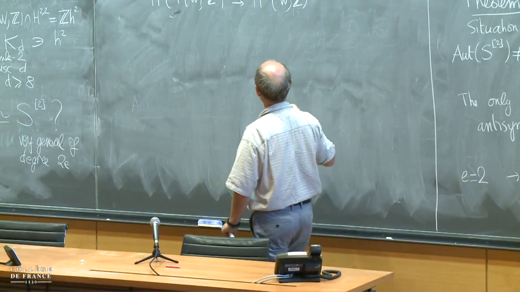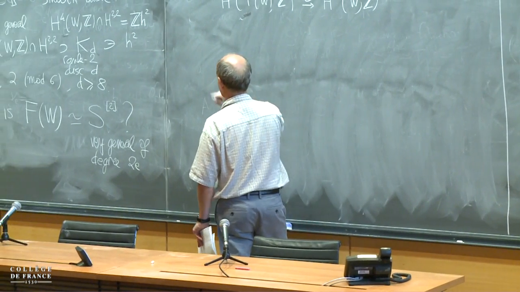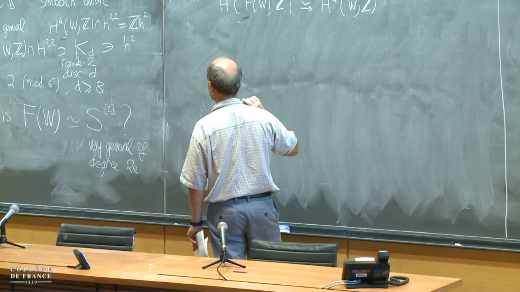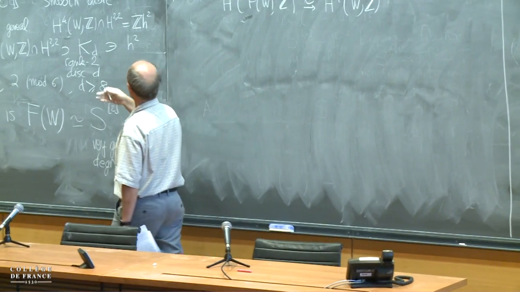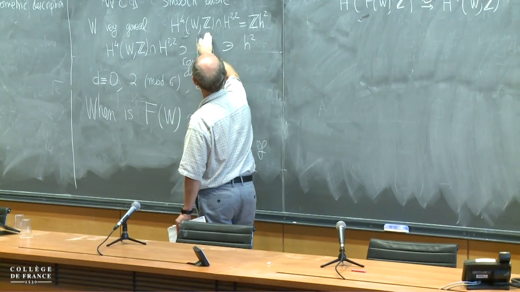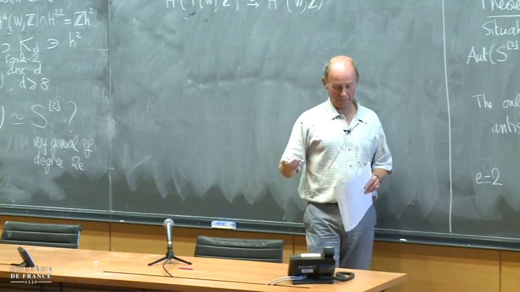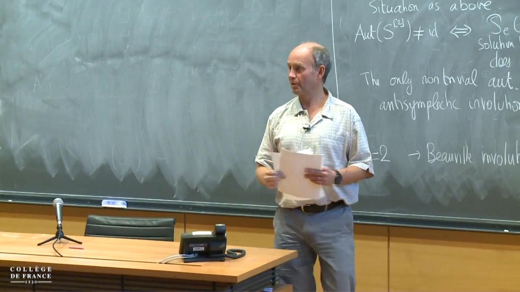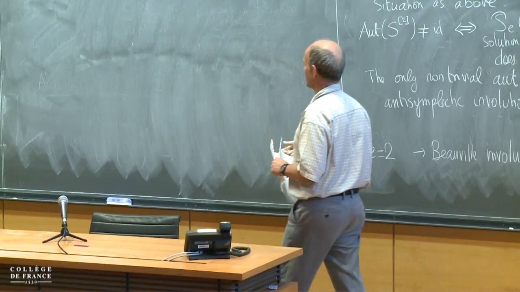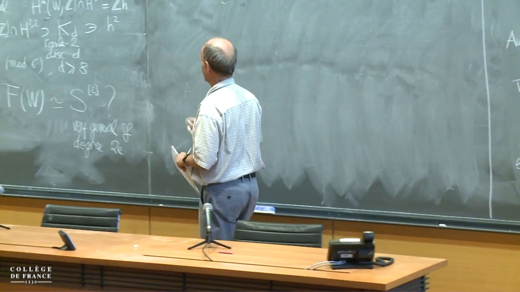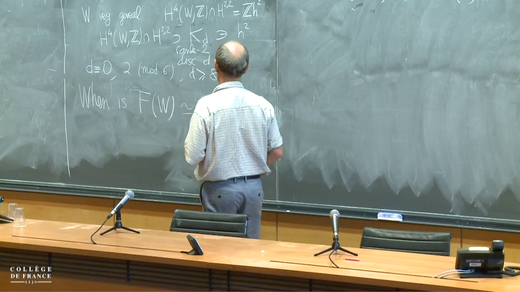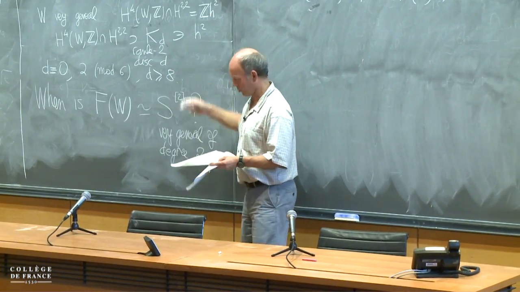And so you see that this orthogonal should sit in, of course, H4 of W Z, so also in this here, but also in the cohomology of the K3 surface. So that gives you some necessary conditions on D, which are stronger than this.